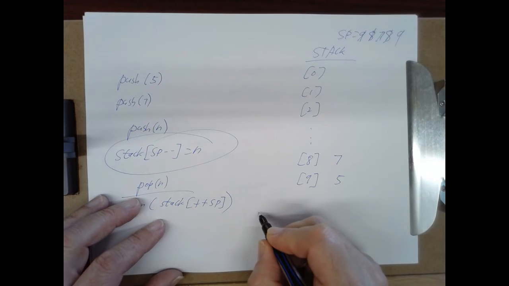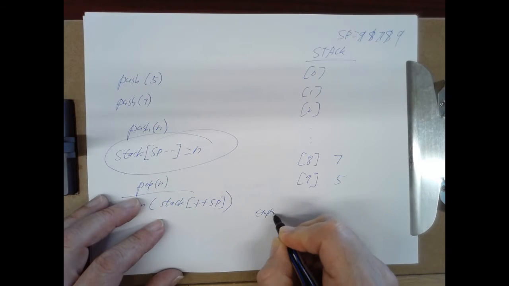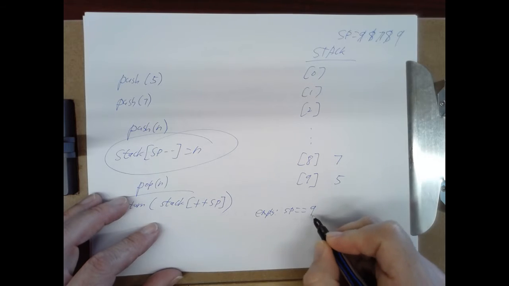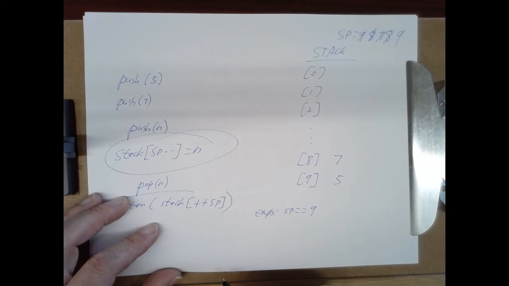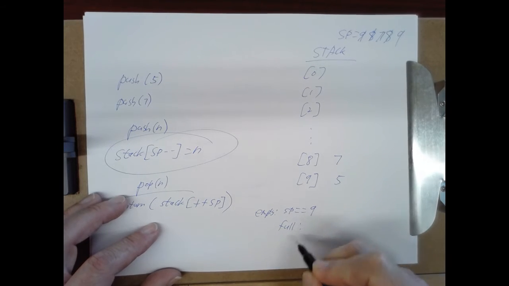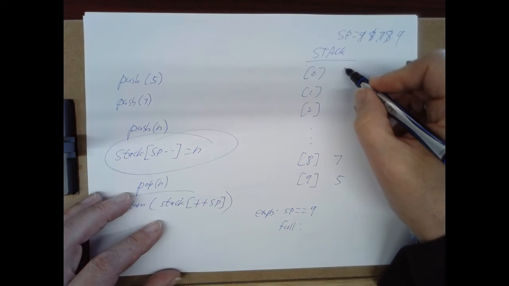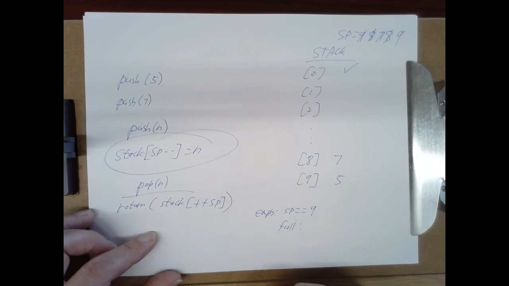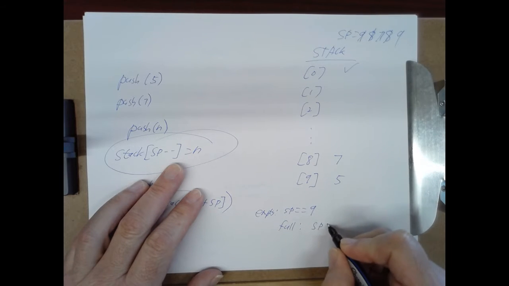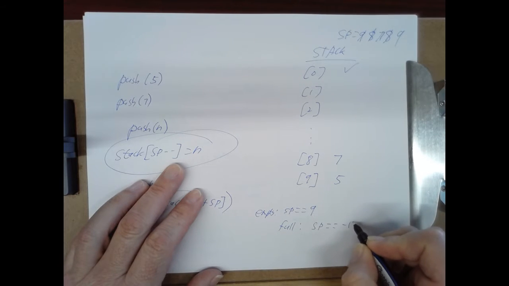And here, our stack is empty when our stack pointer equals 9. And it's full after we push into location 0. So we push into 0 and we decrement. So your stack pointer is equal to -1.